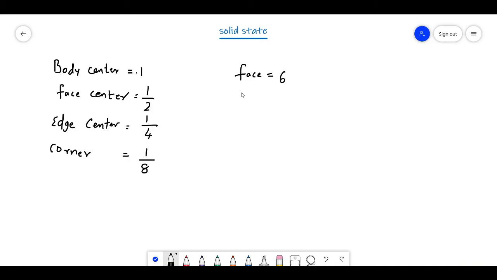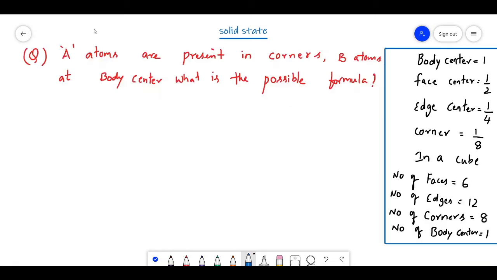And if you take the number of edges, they will be equal to 12. You can simply take a cube and check. And the number of atoms in corners in a cube, the number of corners will be equal to 8. And whenever an atom is present in the body center, then it is 1.